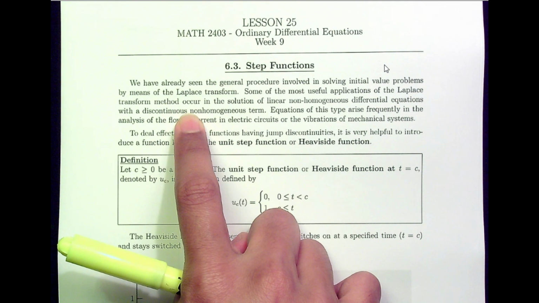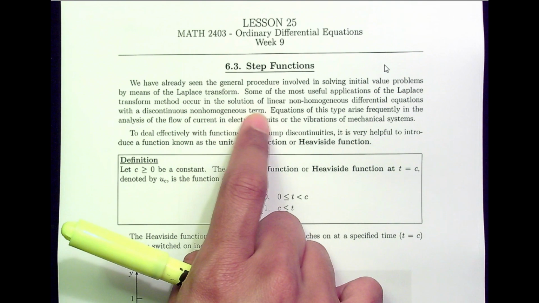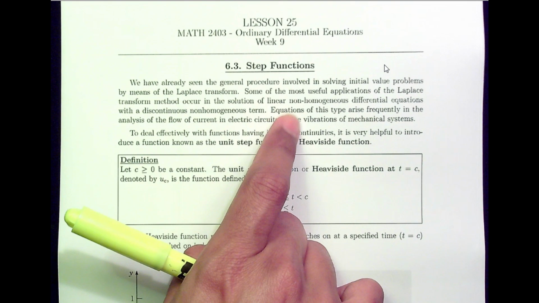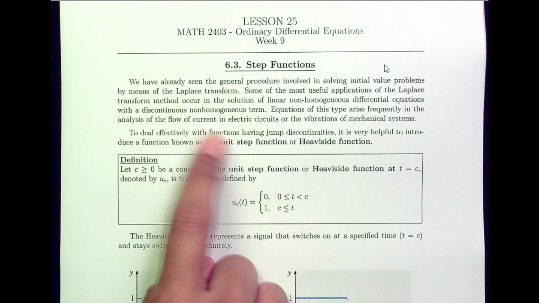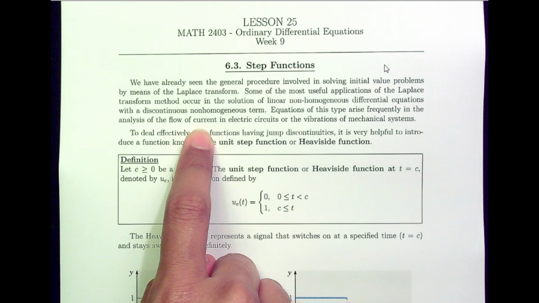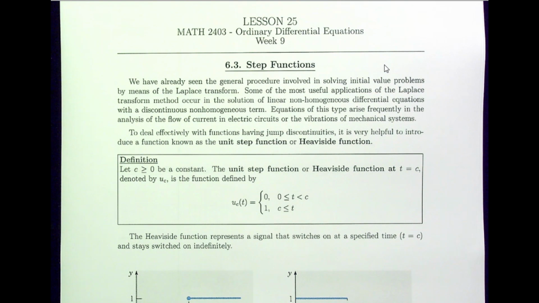So it has discontinuities. Equations of this type actually arise often in the analysis of the flow of current in electric circuits, and also in the analysis of vibrations of mechanical systems.